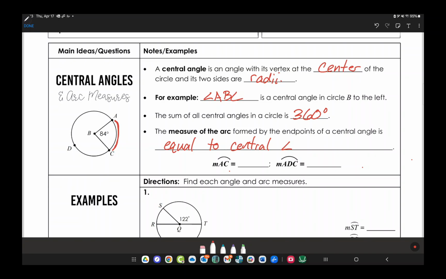That's really it. So the measure of arc AC is 84 degrees because the central angle ABC is 84 degrees. And since the entire circle adds up to 360, 360 minus 84 is 276.